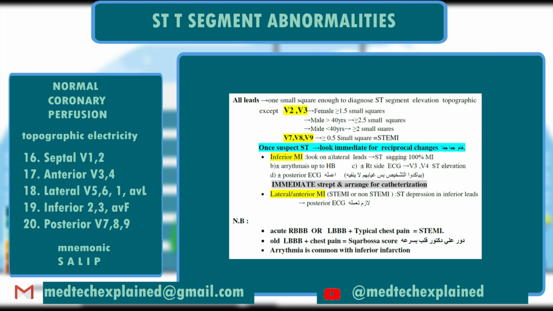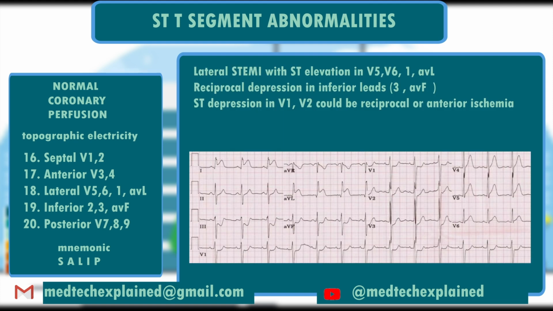Another important point is the point of reciprocal changes. For instance, we generally do not ask for the posterior leads in the 12-lead ECG, but let us say that we see changes in the anterior or lateral leads, and let us say the change is an ST depression, then we should ask for posterior leads to be done.